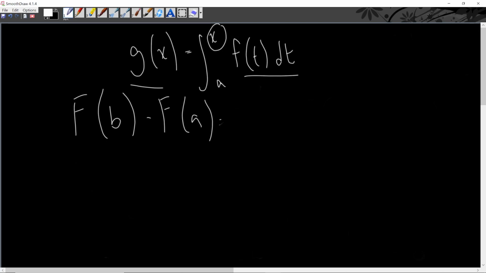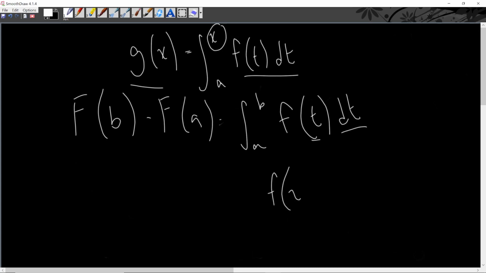Big F of b minus big F of a is equal to the integral from a to b of f of t dt, which is, again, what we're trying to prove, because if we use different variables, f of x instead of f of t, so f of x dx, if we just say that we are changing our variables to be a function of x, we will have the integral from a to b of f of x dx is equal to big F of b minus big F of a.